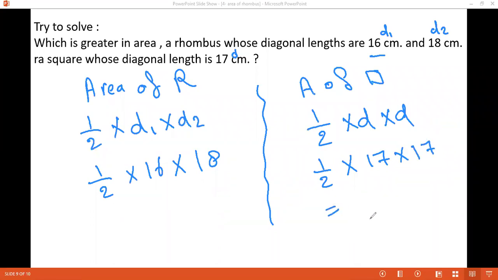You're going to use your calculator and solve this. The answer of course will be in square centimeters, and here square centimeters. Okay, let's see.